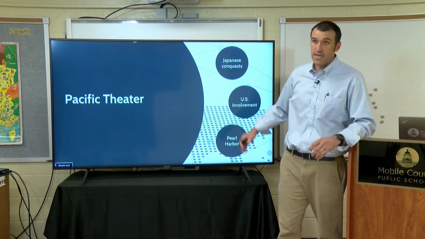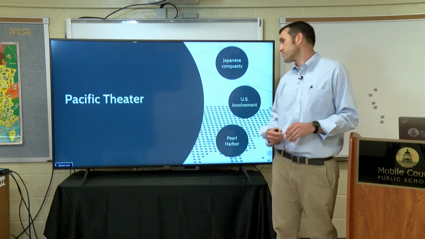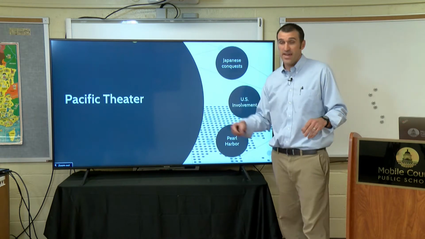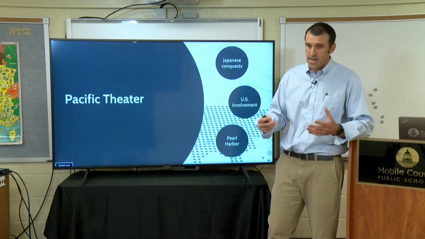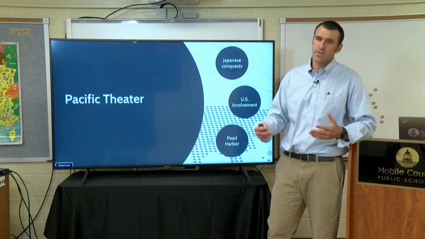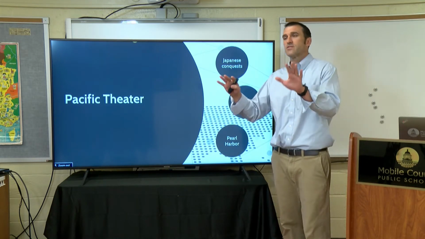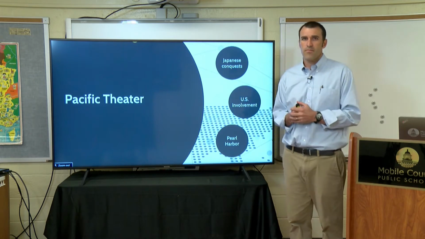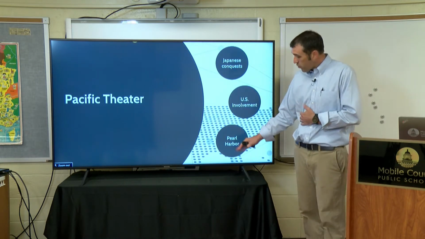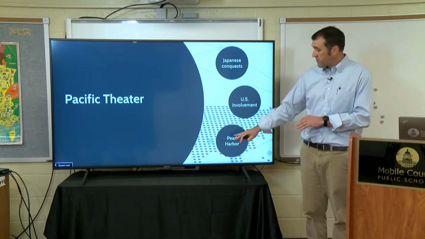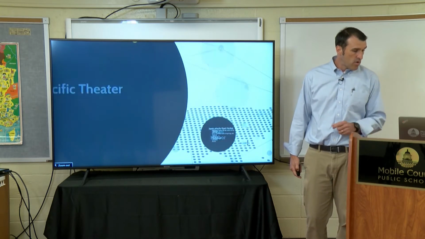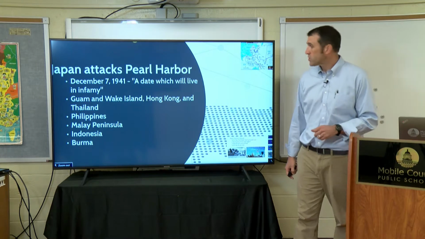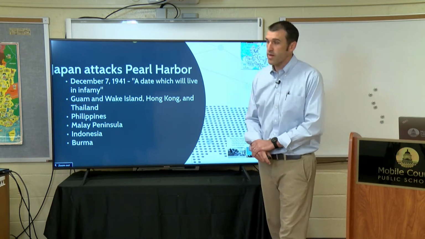The U.S., again, was trying to stay out of the war. They originally had sent aid to China to try to help China defeat the Japanese. That didn't work. They cut oil shipments to Japan, whatever they could do to physically stay out of the war. And so where we left off was when the Japanese decided they were actually going to launch an attack on Pearl Harbor, which was now U.S. territory.